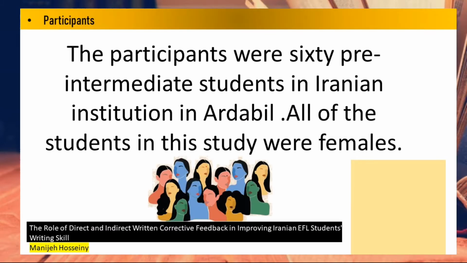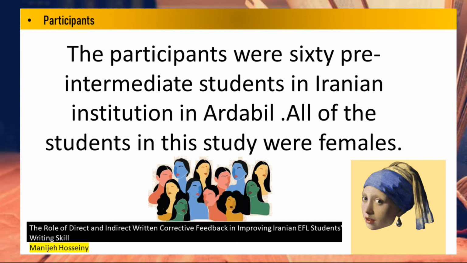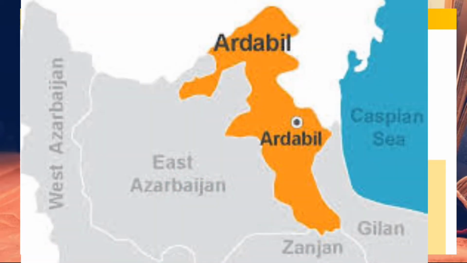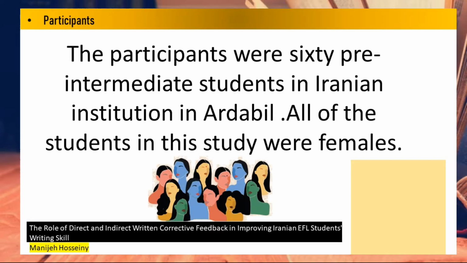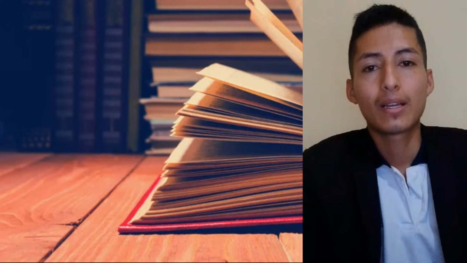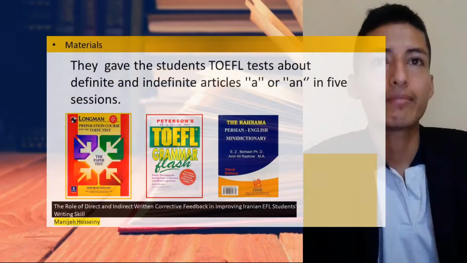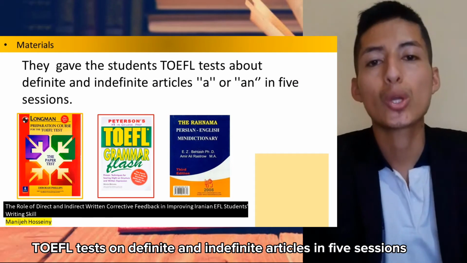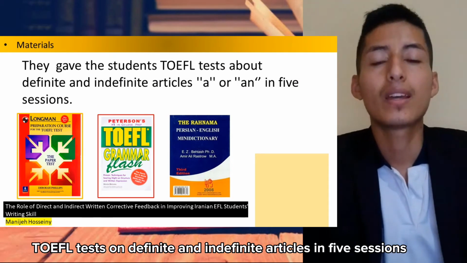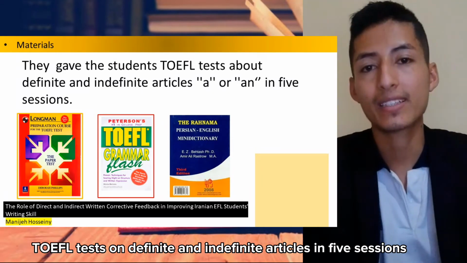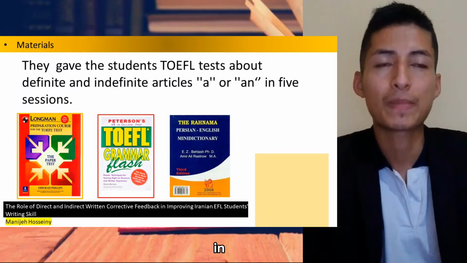Participants. The participants were pre-intermediate students in an Iranian institute in Ardabil. All of the students in this study were females. Materials. They gave students the test on definite and indefinite articles in 5 sessions.